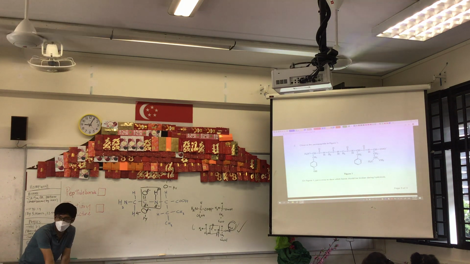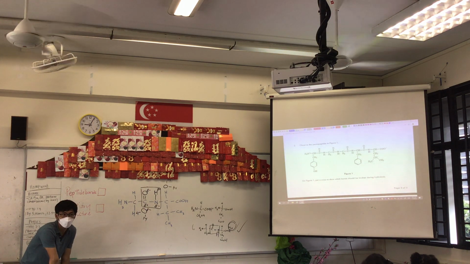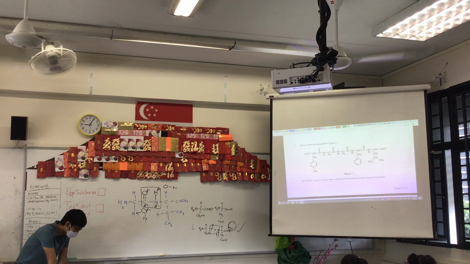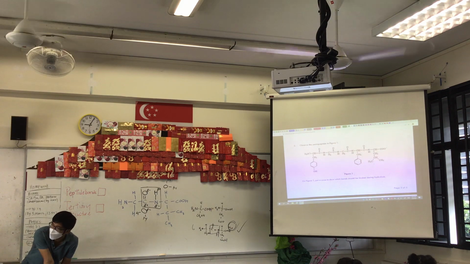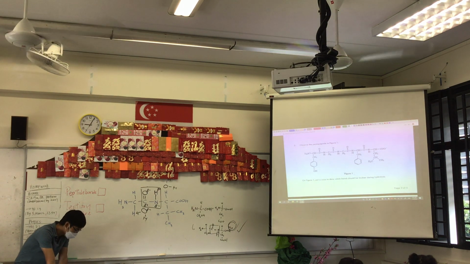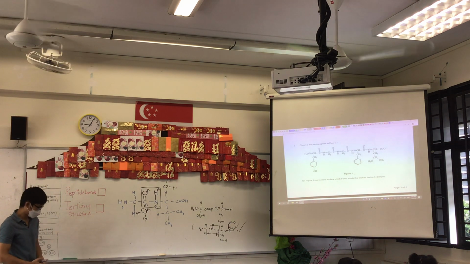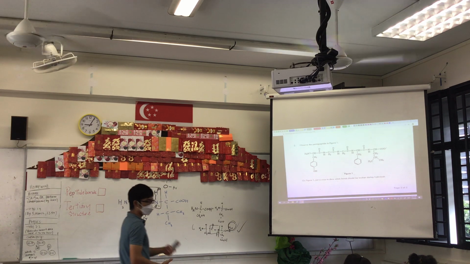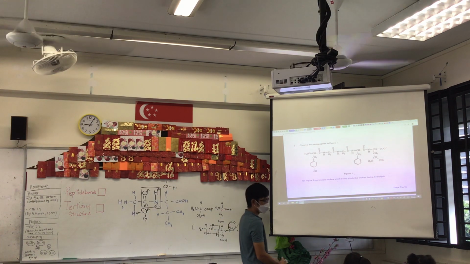I'd like you to put a cross where you think hydrolysis can take place. How many crosses will you include? Can you try that now? You don't need to do it alone, you can work with a partner. Where will you draw your crosses?